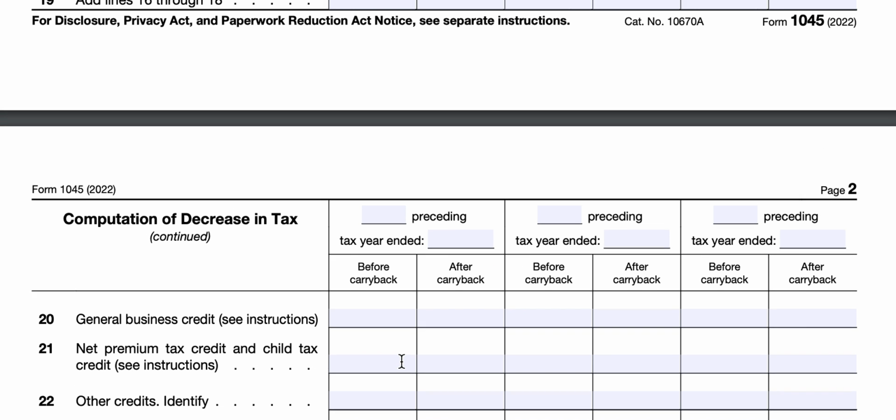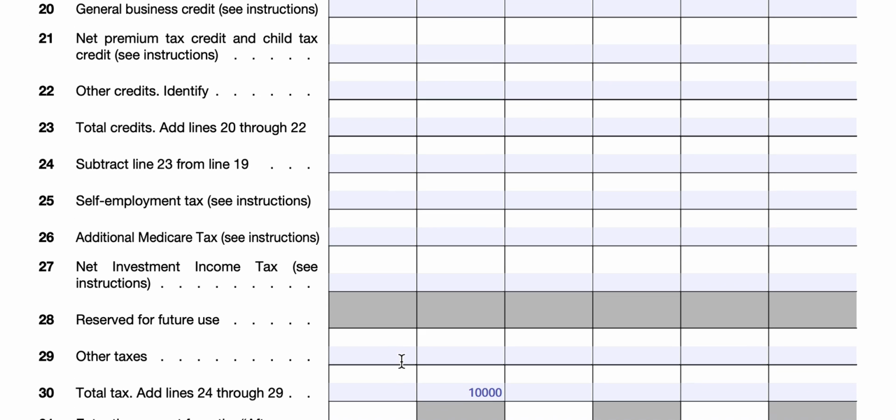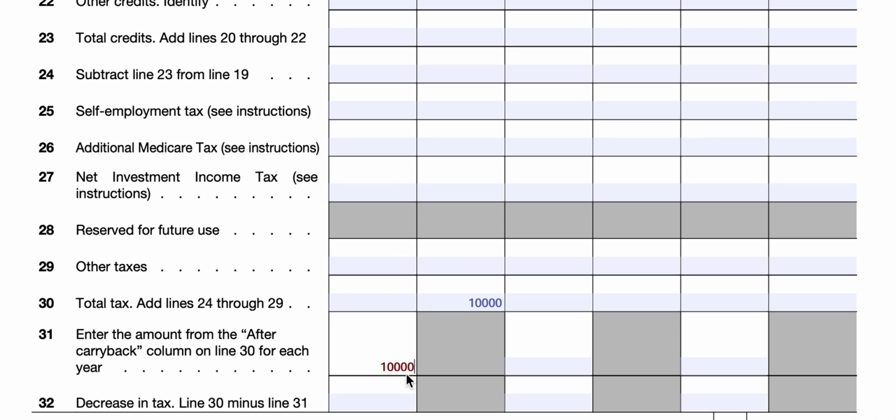And then if your original tax liability ended up being $15,000, then you would subtract the difference to arrive at a $5,000 decrease in tax, right? Obviously, these numbers don't jive with a $1,000 credit, but this is for illustrative purposes. This shows the net decrease in tax.